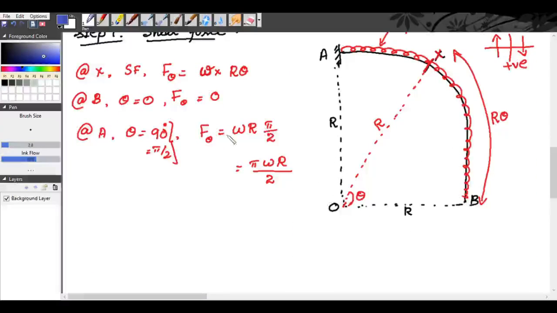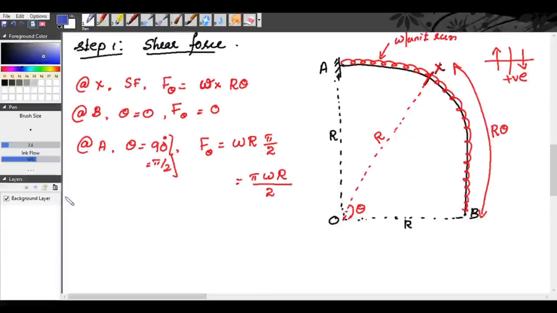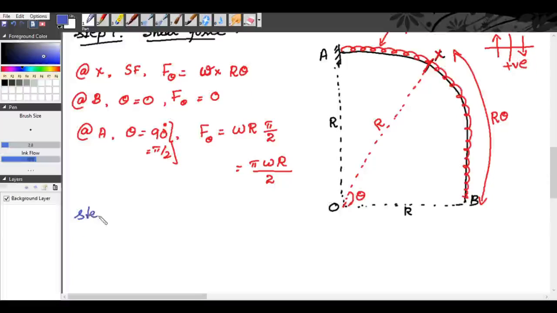Now we will move on to our second step. Our second step is obtaining the bending moment. In step 2, we will analyze the bending moment.